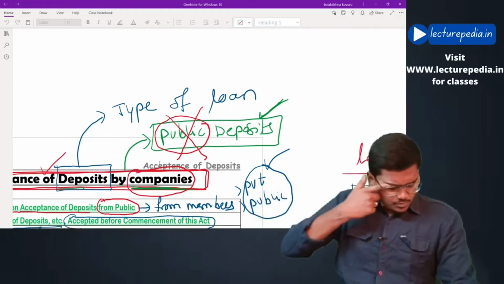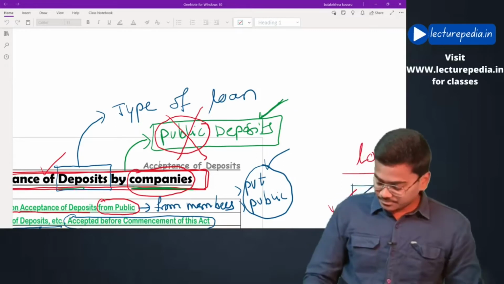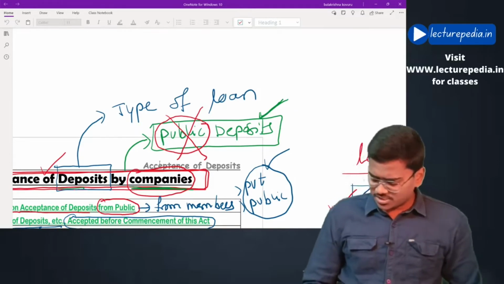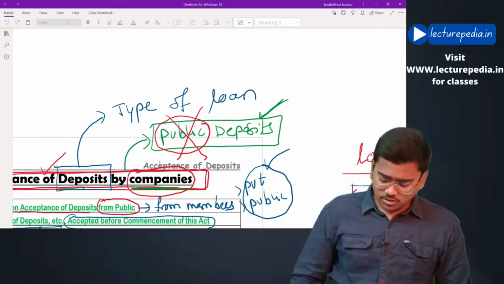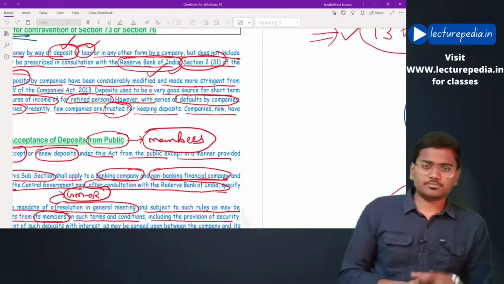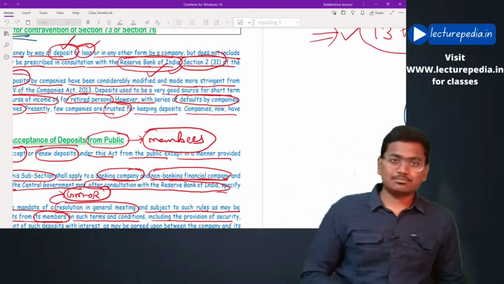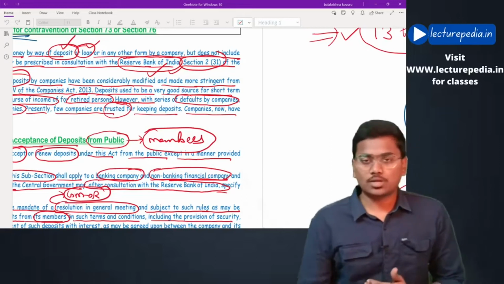Now we will see some more points. See, basically, how much of deposits can be accepted. Till now we have seen which types of companies can accept deposits, from whom deposits can be accepted, and what is the procedure to accept the deposits.